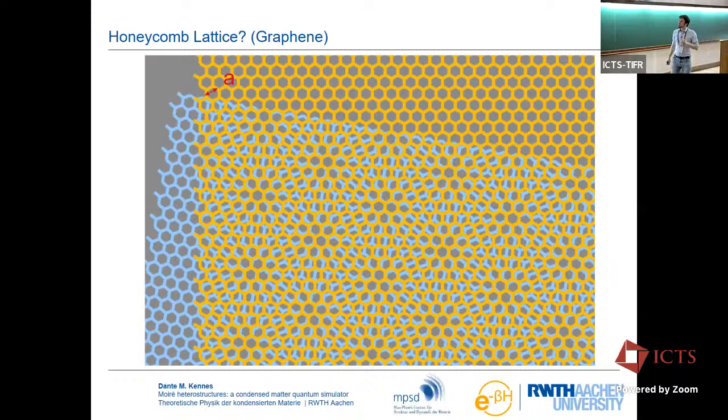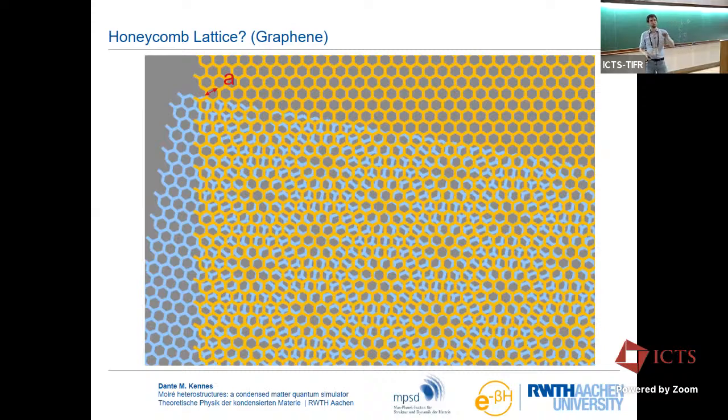Okay, good. So what have we gained? By this twist angle degree of freedom, this is a continuous degree of freedom that you can tune through. You now have a control knob to control the periodicity in your system. So with this trick, this is a static picture of just two honeycomb lattices superimposed at 10 degrees, so rather large angle, and you can nicely see this large Moiré superlattice emerging.